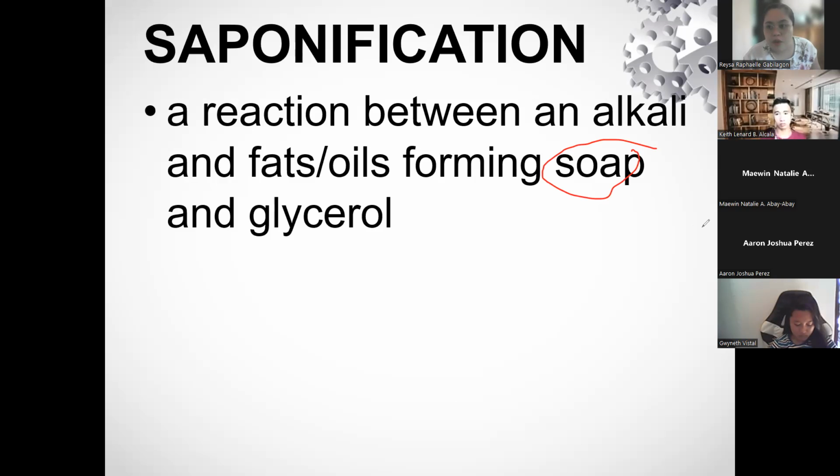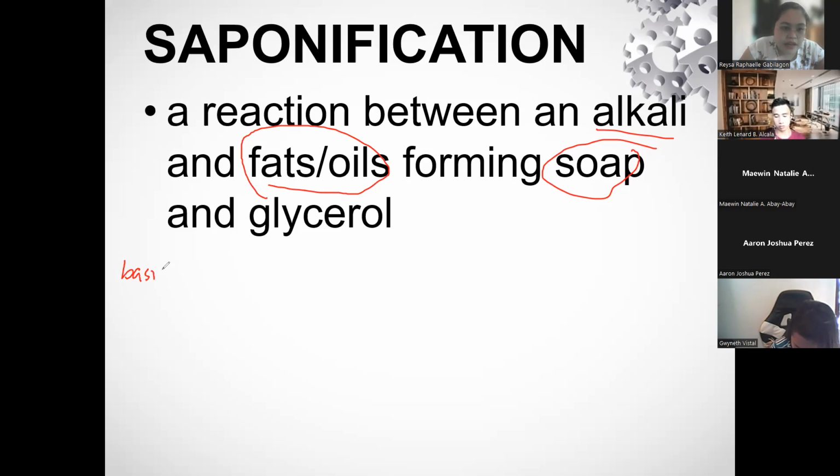So gagawa kayo ng sarili ninyong sabon. And how do we do that? This is just a reaction between an alkali, that's a basic substance, and our fats or oil. Okay? So ayun yung magre-react.